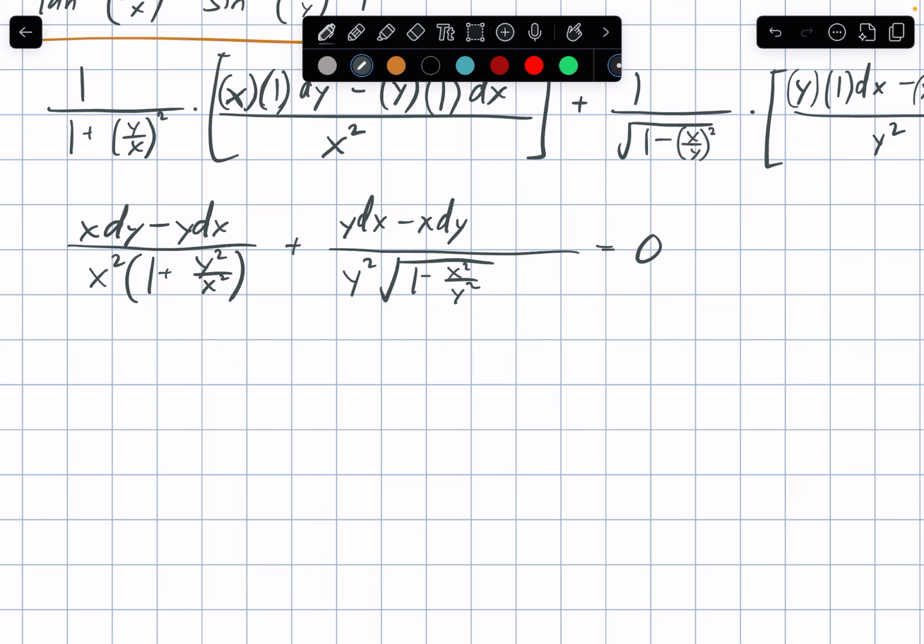After doing this, for each term in the numerator, make it separated. Each has its own fraction. We can simplify this, by the way, as x squared plus y squared.